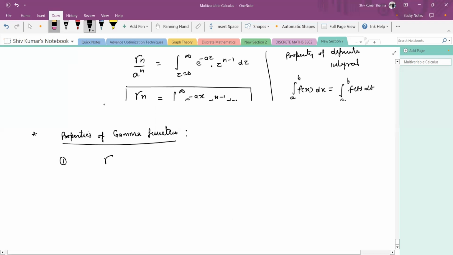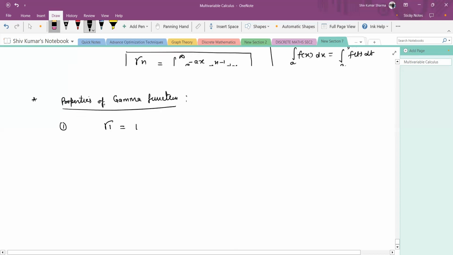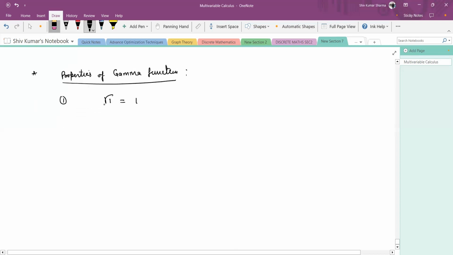So we start with the first basic property. That property is that gamma 1 is equal to 1. So we want to prove that gamma 1 is equal to 1. So how to prove this? We shall prove this by using the definition of the gamma function.